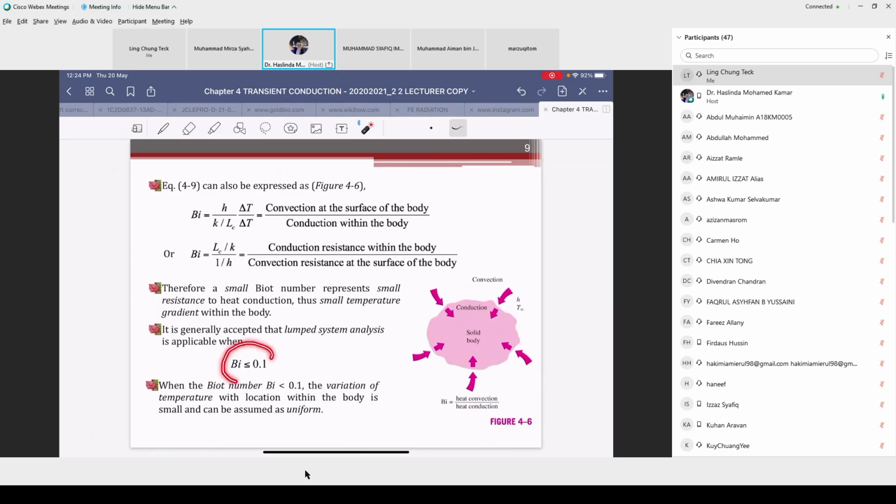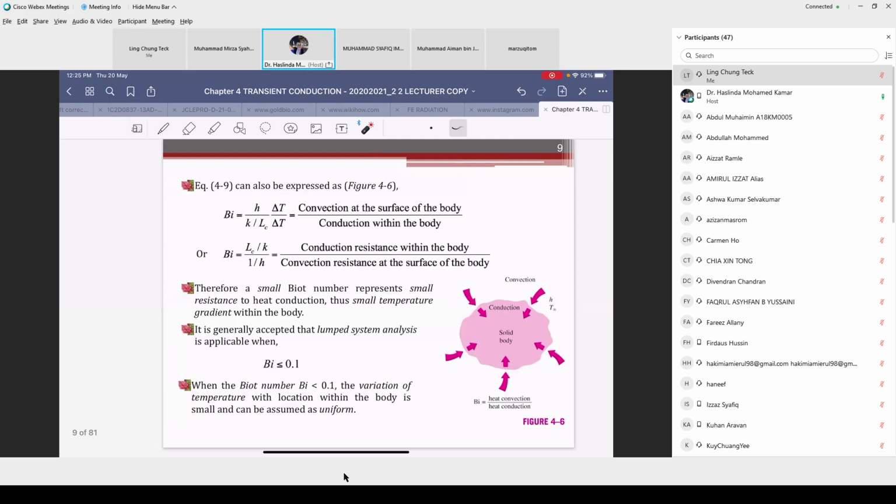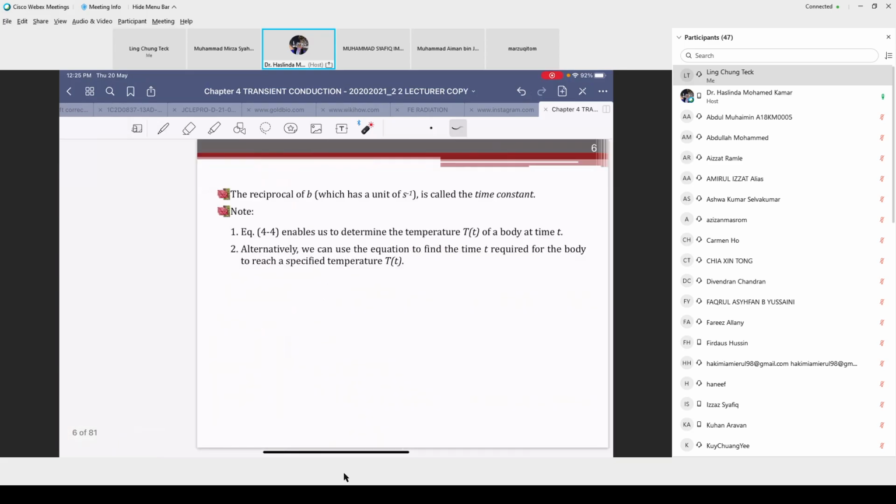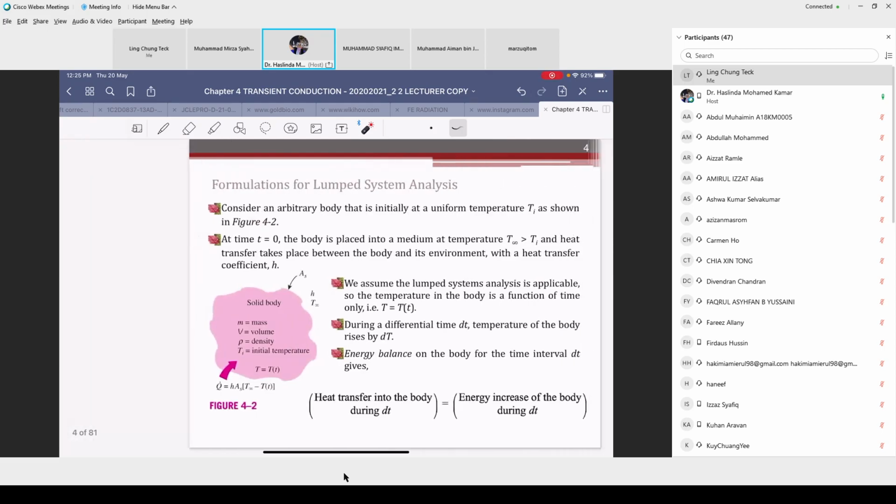If your Biot number is less than 0.1, definitely you can use lumped system analysis. If your Biot number is greater than 0.1, definitely you cannot use lumped system analysis. Meaning that we have a method, a mechanism to evaluate whether any medium can use lumped system analysis or not.